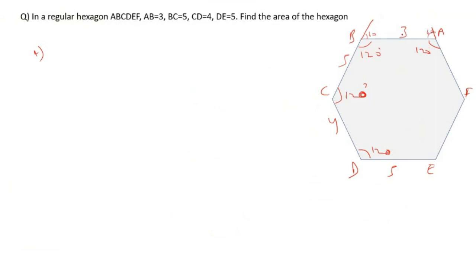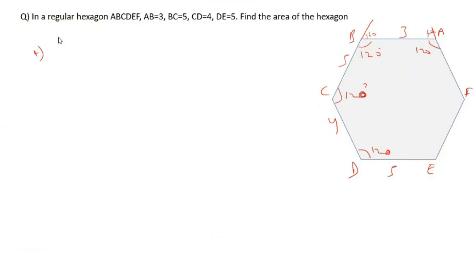Actually, as the sides are not equal, it should not be a regular hexagon, right? Okay, basically a hexagon can be called regular if either of those two things is equal. If both are equal, then it will obviously be a regular hexagon. But even if sides are unequal, it can be called a regular hexagon because the angles are equal.